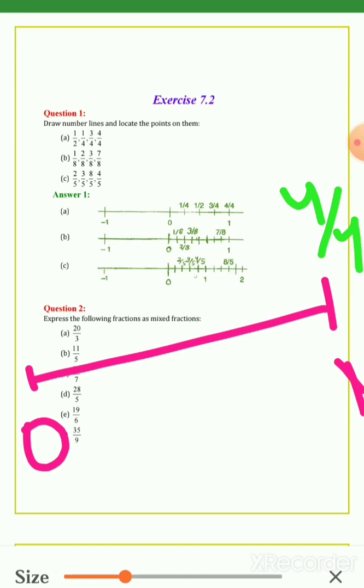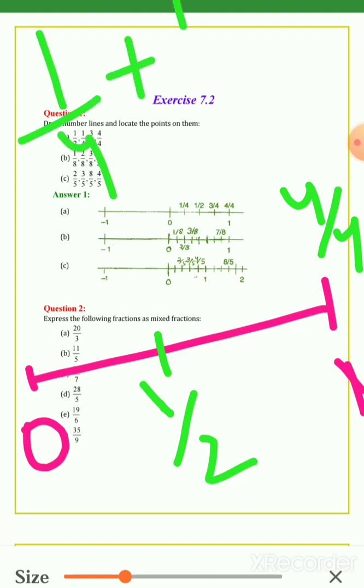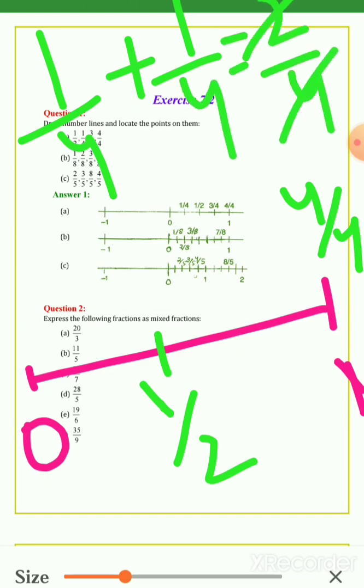Now we have here half. This is the half, which contains equal distance. Now where will 1 by 4 be located? Because you know 1 by 4 plus 1 by 4 is 2 by 4, and when you cancel these it will be 1 by 2.